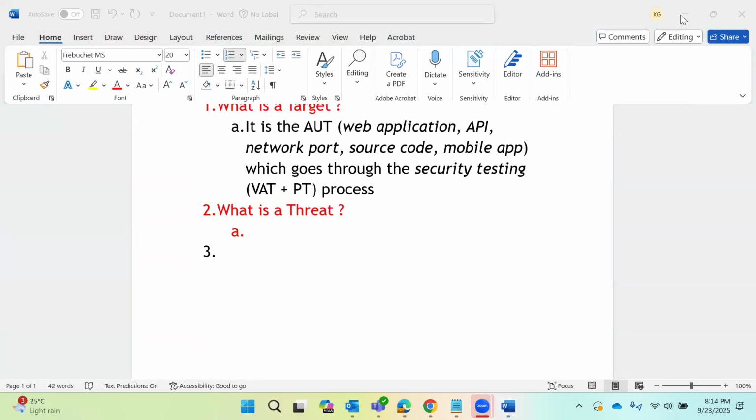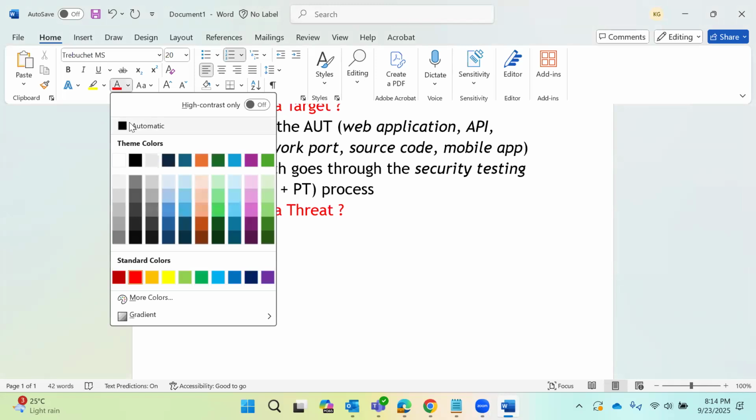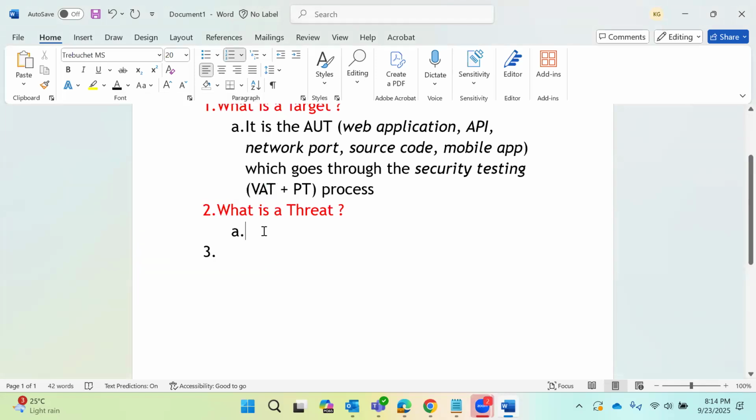Thank you. Let's talk about what is a threat in that case. In manual testing, we use the word bug, error, defect, etc. A bug is typically a deviation between expected result and actual result.